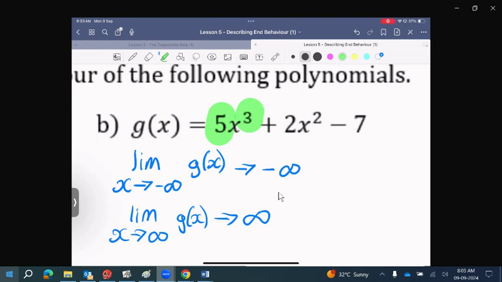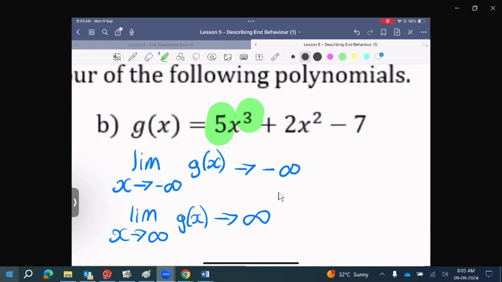If you were saying this out in words, how would you say the notation? There are two ways. I can read the mathematical notation given here: the limit as x approaches negative infinity of g of x approaches negative infinity. Or I could say as x decreases without bound, g of x will decrease without bound.